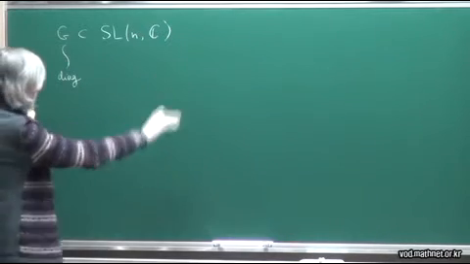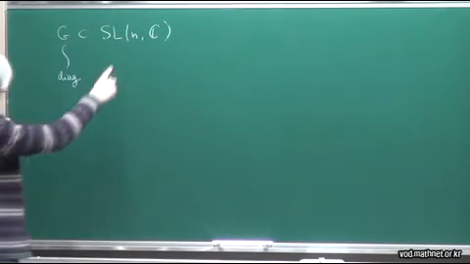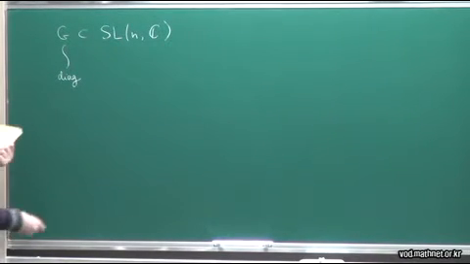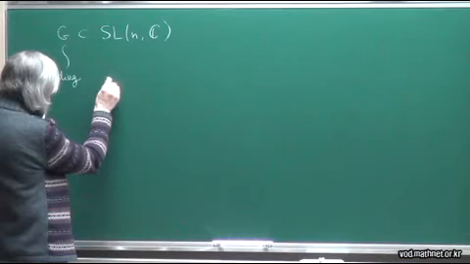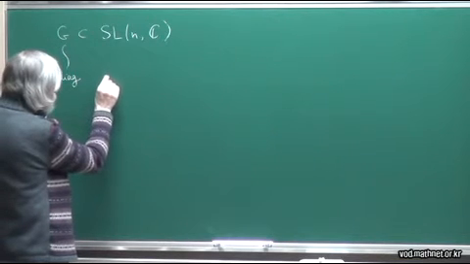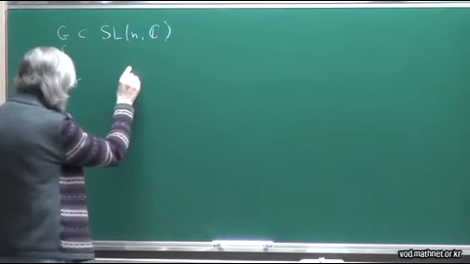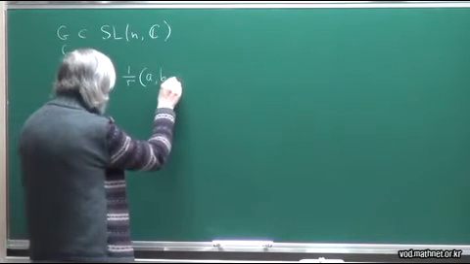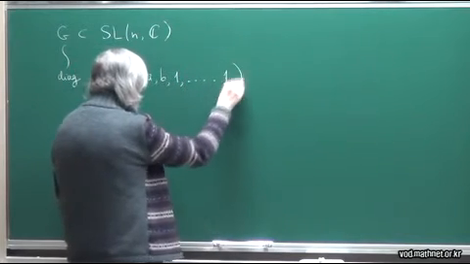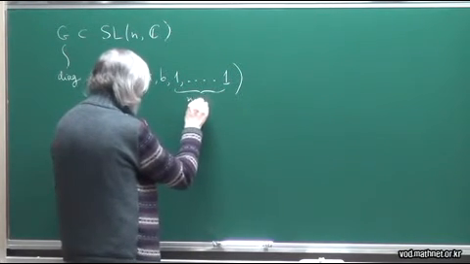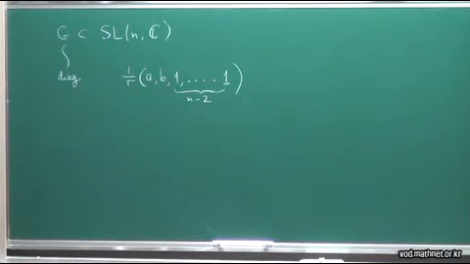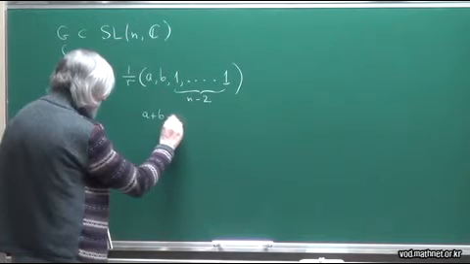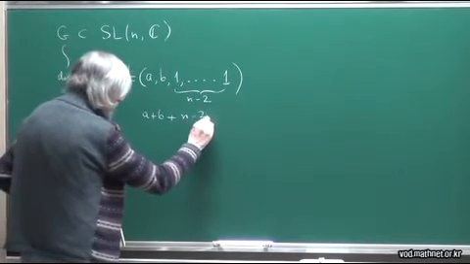So this means it's a diagonal subgroup contained in the maximal torus of this group, and for simplicity, let me just say it is 1 over r of (a, b, 1, 1, ..., 1), with n minus 2 copies of 1 there. And I want a plus b plus the number of these to be r.